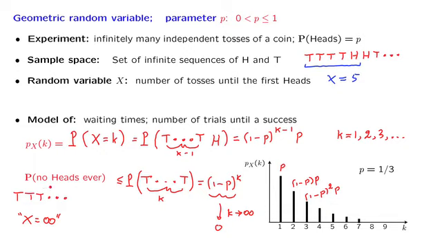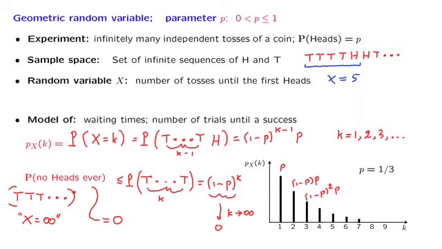So the probability of never seeing a head is less than or equal to an arbitrarily small positive number, so the only possibility for this is that it is equal to 0. So the probability of not ever seeing any heads is equal to 0, and this means that we can ignore this particular outcome.